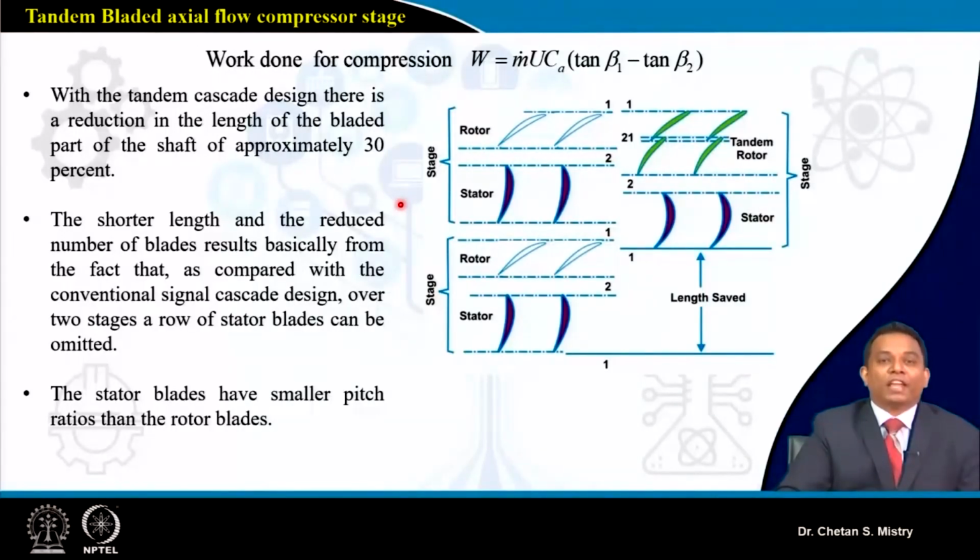When I am looking for compactness and low weight, if I reduce the length of the shaft by 30%, I am able to reduce my weight.